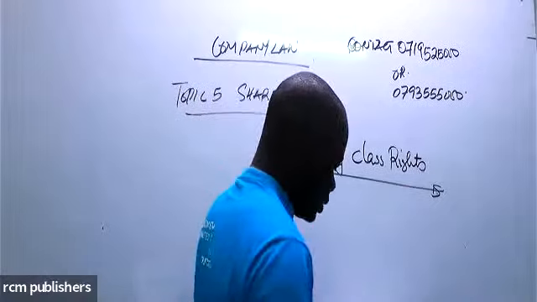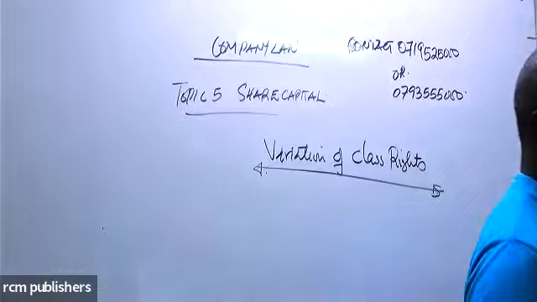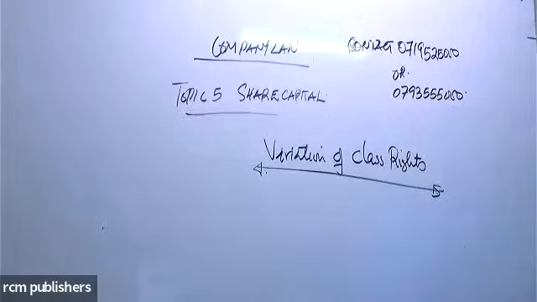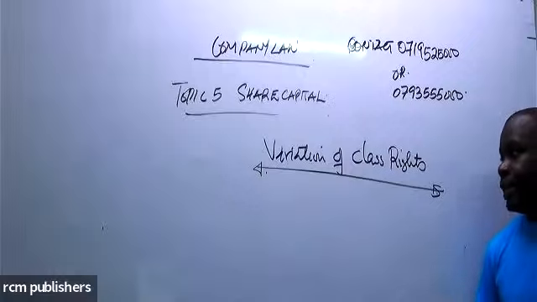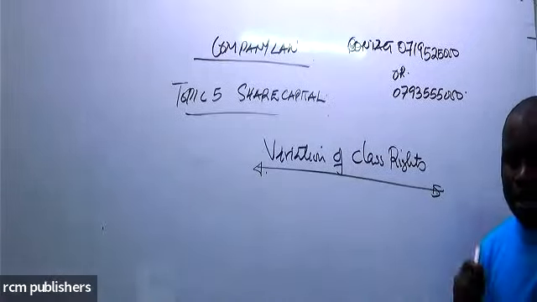So when you talk about class rights, these are simply rights attached to a class of shares. For example, we talk about the rights of a member of a company, rights of a shareholder of a company.